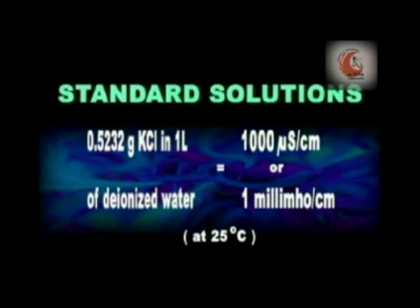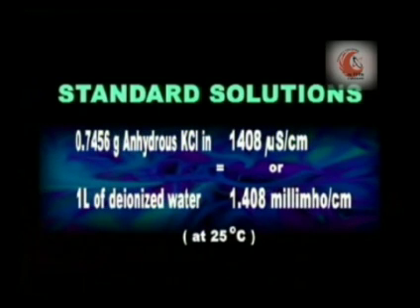This solution has a conductivity of 1000 microsiemens per centimeter or 1 millimho per centimeter at 25 degrees centigrade. Alternatively, dissolve 0.7456 gram of anhydrous potassium chloride dried for 1 hour in 1 liter of deionized water.